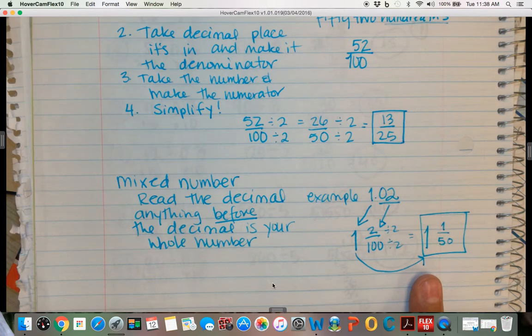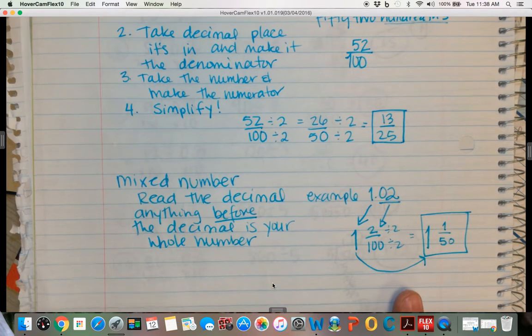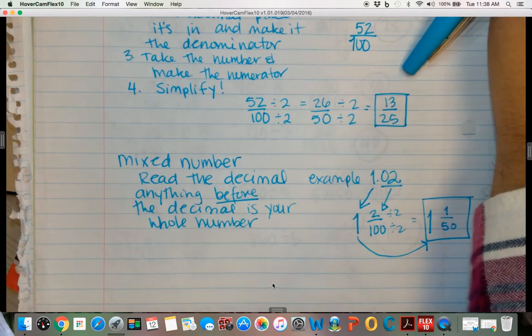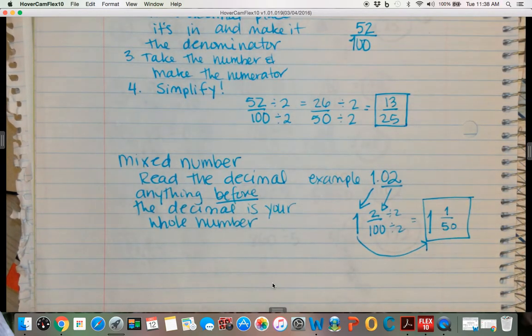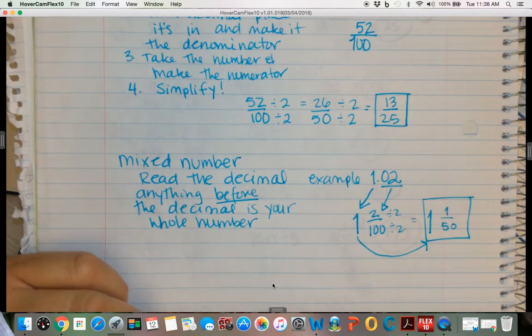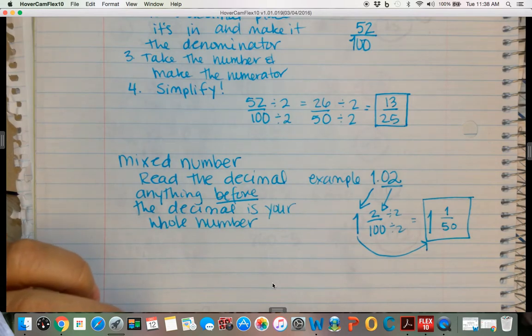They forget that it's there entirely. So that must be done. That's again the easiest way. Make sure that you are simplifying.